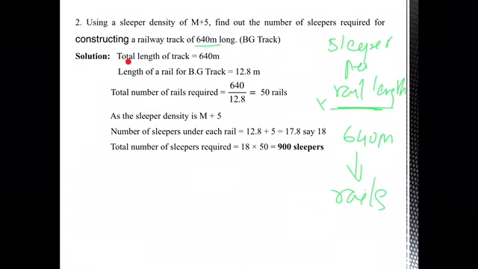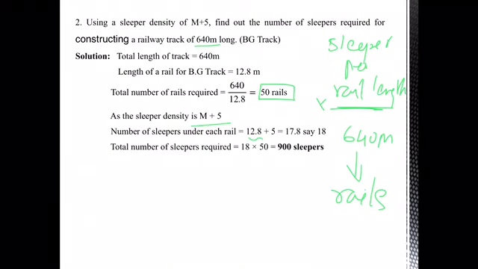We take the total track length as 640 meters. For the broad gauge track, the length of the rail is 12.8 meters. You can even take 13 meters. So the total number of rails required is 640 divided by 12.8. So we require around 50 rails for a 640 meter long railway track. They have given the expression for the sleeper density as m plus 5.